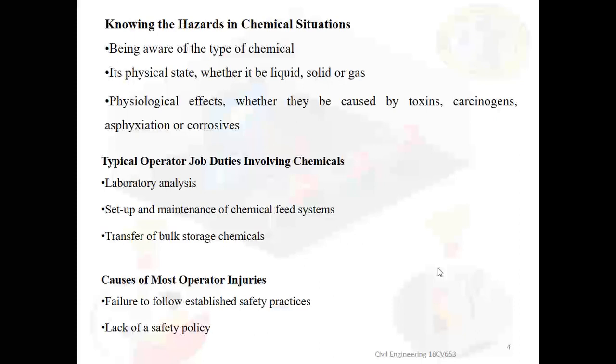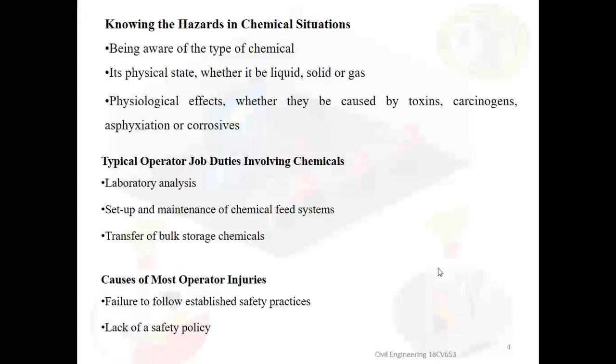So we should be aware of the chemical situations by knowing its hazards. The chemicals may be in the form of solid, liquid, or gas, and we should note what the effects of the chemicals we are using are, either it is toxic or cryogenic or it is corrosive to the body or not. These are hazards. We should know the hazards of those chemicals beforehand.